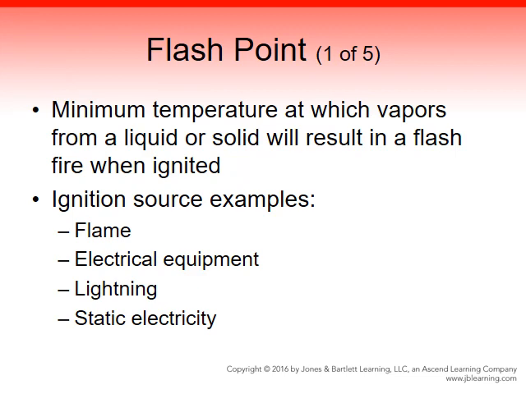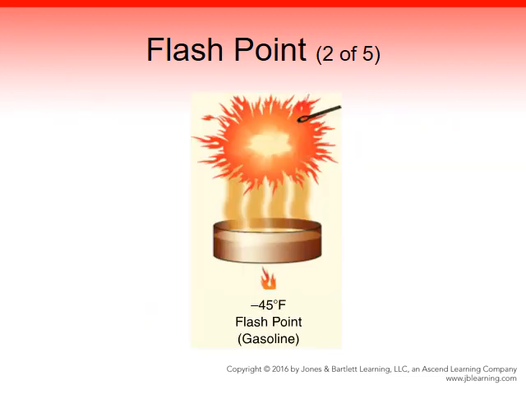The minimum temperature at which a liquid or a solid gives off sufficient vapors such that when ignited the vapors will result in a flash fire is known as flash point. Some ignition source examples are an open flame, electrical equipment, lightning, and static electricity.